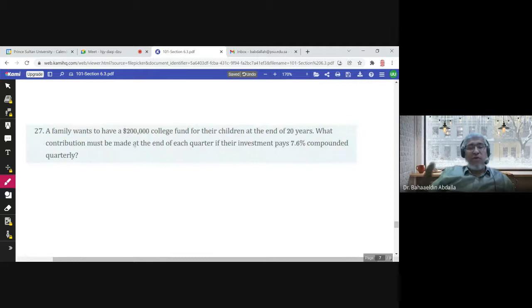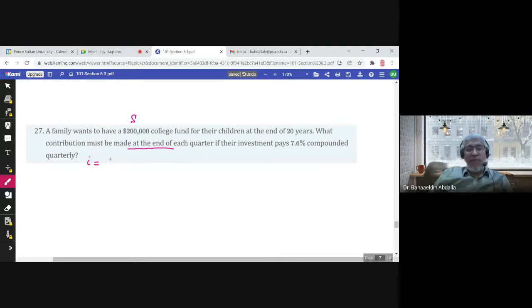A family wants to have a 200,000 college fund for their children at the end of 20 years. So this is the future value. What contribution must be made at the end of each quarter? At the end of each quarter, this is an ordinary annuity. Each quarter, so 4 times per year, if their investment pays 7.6% compounded quarterly.